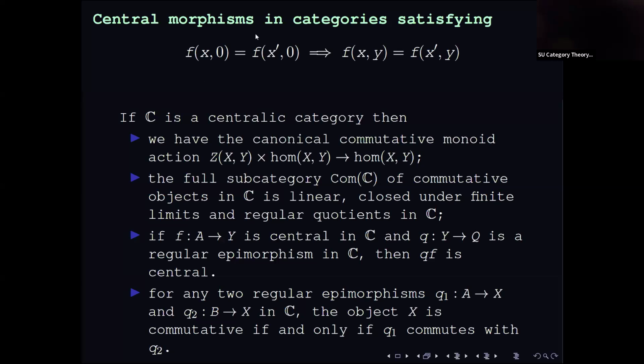Now, in the context of a pointed category satisfying this condition, which has finite limits, we have, again, this commutative monoid action. And moreover, the full subcategory of commutative objects is linear, and it's closed under finite limits and regular quotients. And much of this behavior, which I've already mentioned, which is true of unital categories and weakly unital categories, is still present in this more general context.